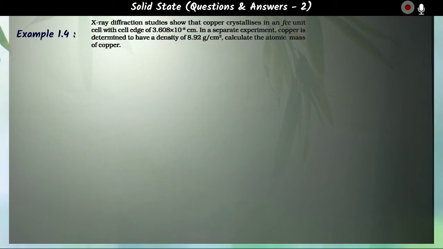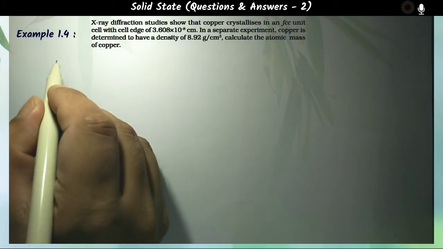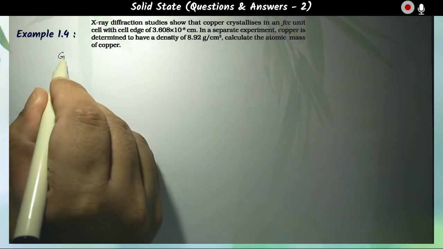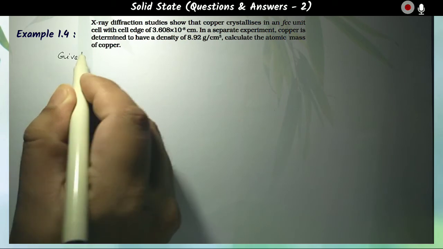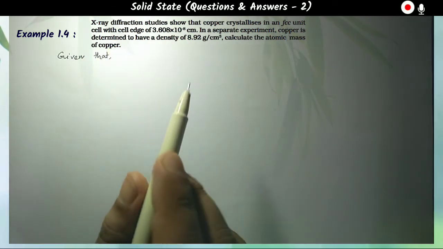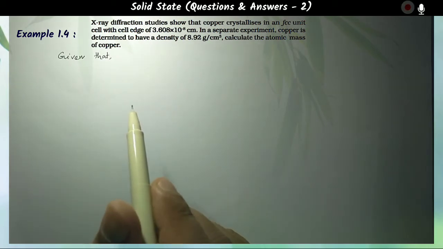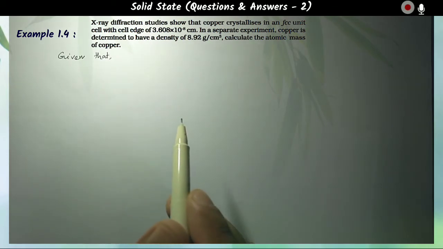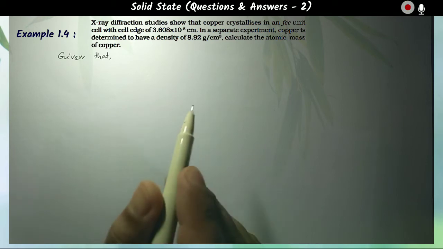Okay, the next question is example 1.4, in which we have to calculate the atomic mass of copper. So what are the given things? Here they said that the entire solid is formed by FCC unit cell.